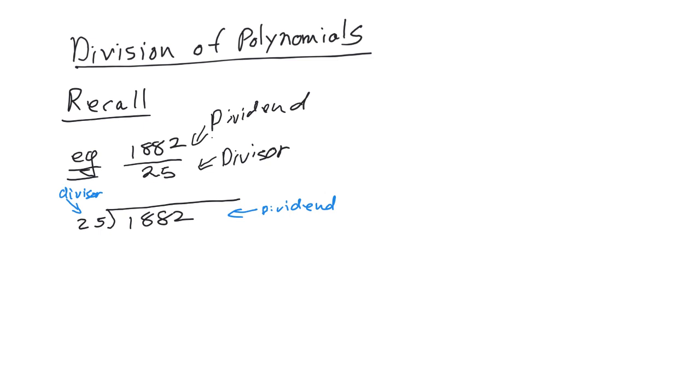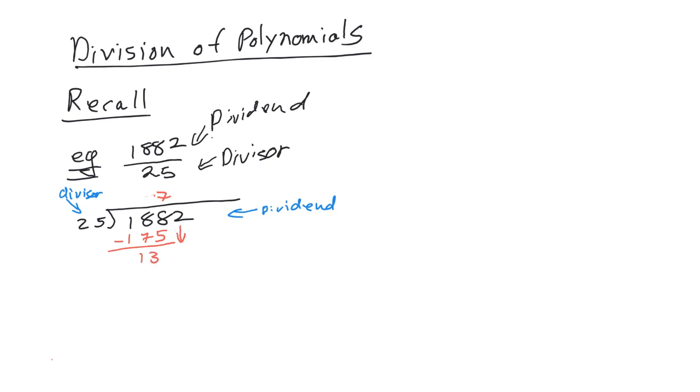So let's say we have 1882 and we're dividing by 25. Well, we know that 25 goes into 188, 7 times, so you get 175. And then we subtract that from there. So we end up with 13.